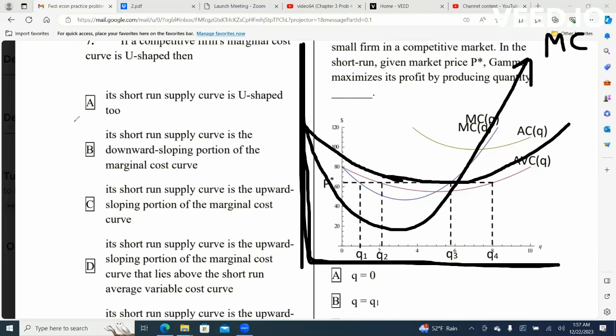So what is that? That's the AVC, the average variable cost. This has to be the minimum right here.